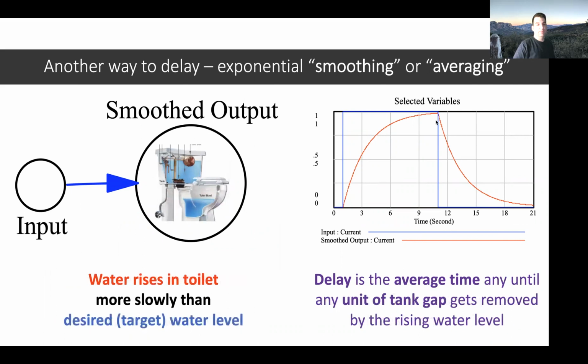It also mimics the toilet. Blue is the desired water level. The water level was 0 after the flush, and I immediately want it back up to 15, but it can't happen instantaneously. So the red curve models the sluggishness of the valve.